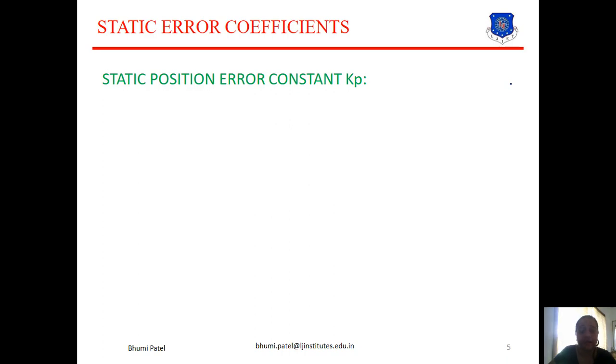Now next one is the static error coefficients. The first coefficient is the static position error constant Kp. Now we have to find the equation for Kp. So for the unit step input, as you know, R of s is equal to 1 by s.